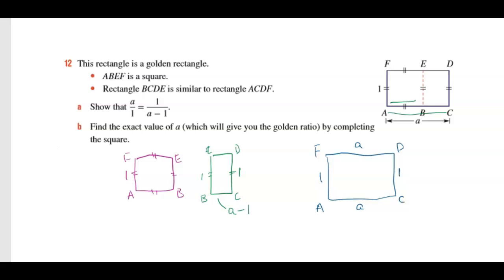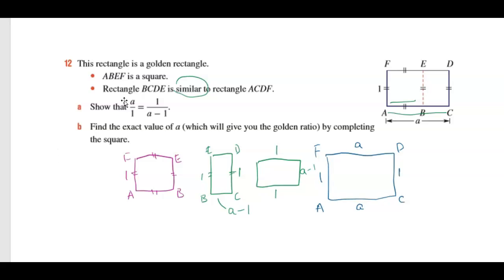Okay, so the full length minus what we no longer have, which is the 1, so that's A minus 1. The reason I left a space here is because of this word similar. So at the moment, we've got like a rectangle standing in portrait mode, and then we've got a rectangle in landscape mode. So if I just change this green one to be in landscape, you can see they're similar triangles. So now this side is 1, this is 1, and this side over here is A minus 1.